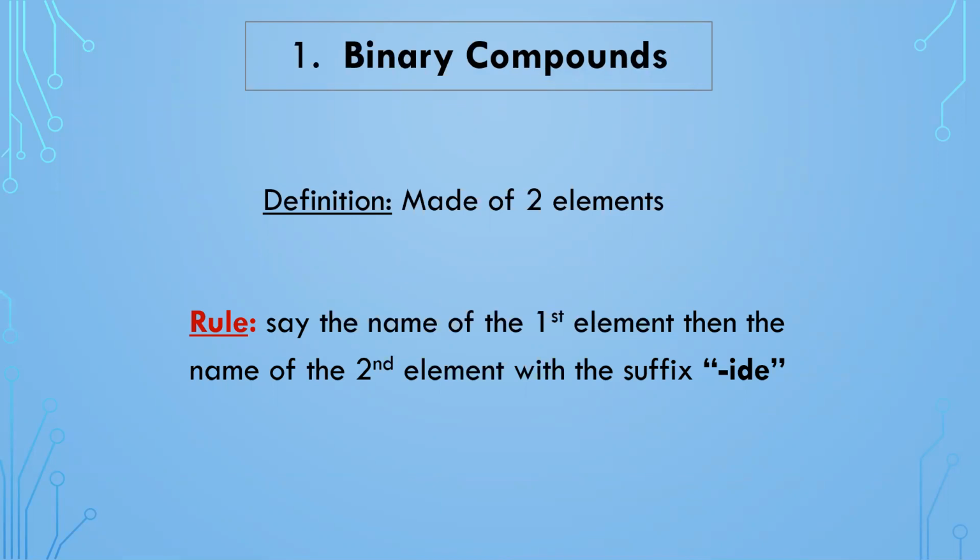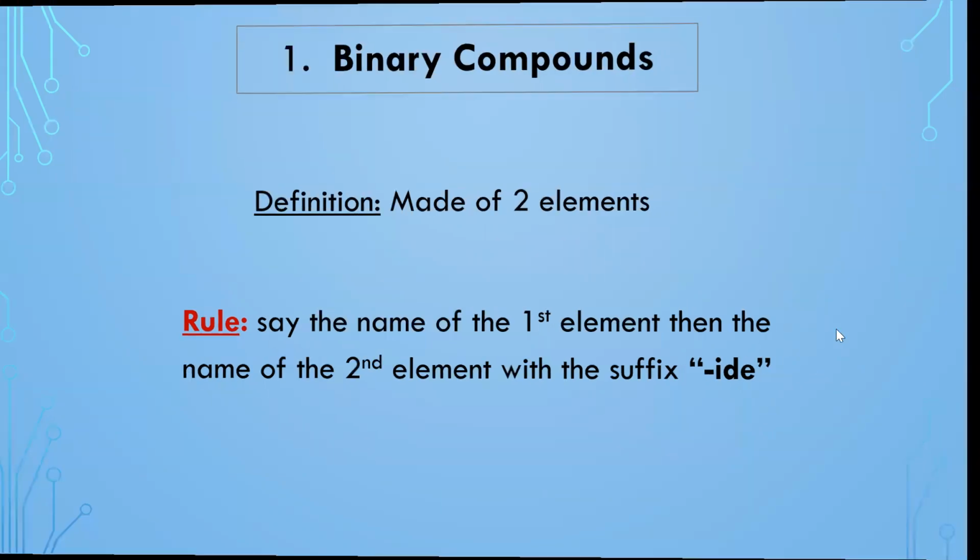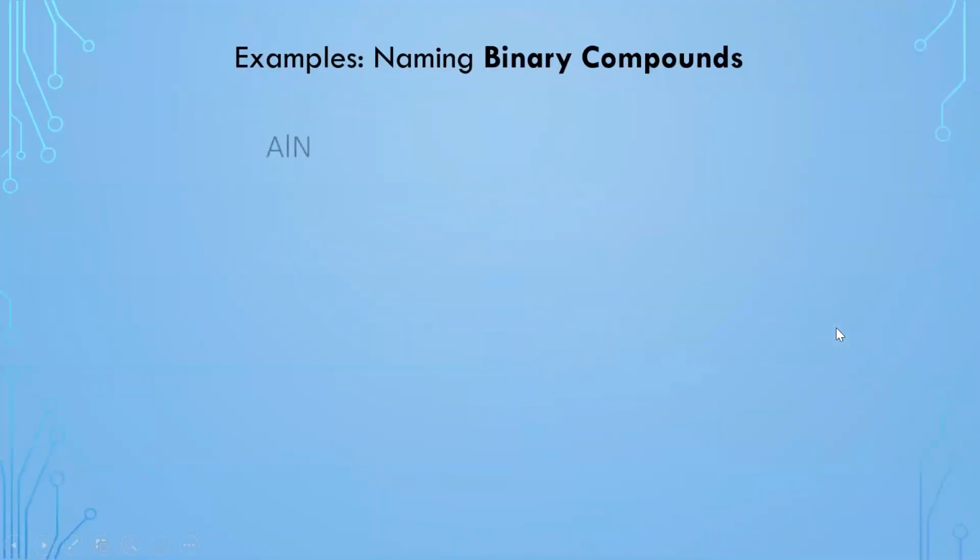And spelling does count here. You have your periodic table in front of you, use it. So say the name of the first element, say the name of the second element, except you change that element's ending to IDE. So let's do some examples. So I've got AlN. This is also where it's important to know your elements. Capital A, lowercase l, and then capital N. 2 elements, aluminum and nitrogen.